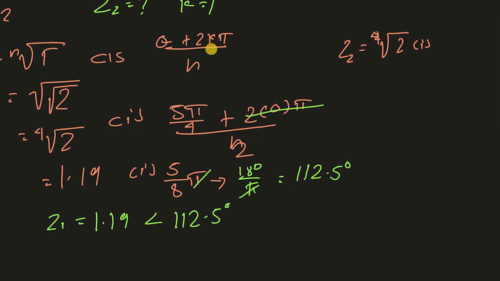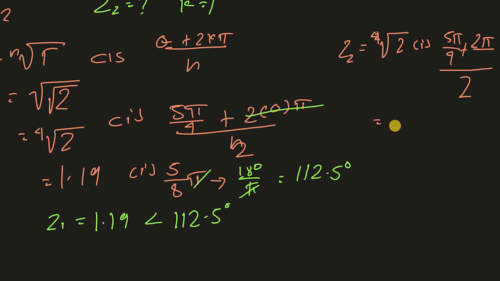So, that's 2, solving for this guys. 2 times 2. Our theta is equals to 5 pi over 4 plus 2 times k. 2 times 1 is 2. So, that plus 2 pi over 2.